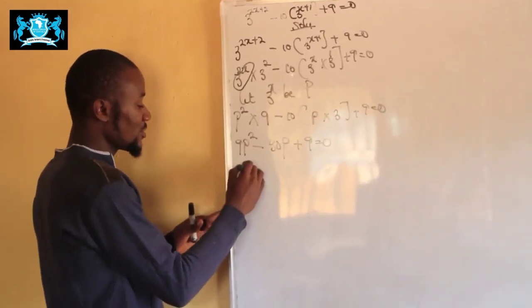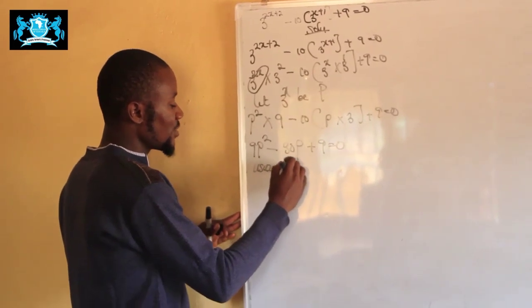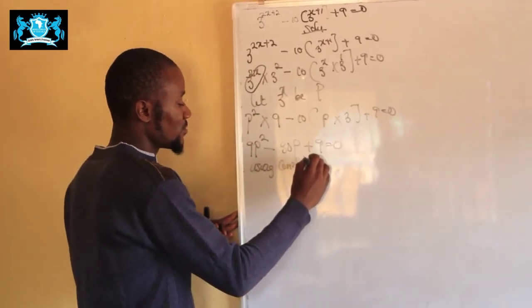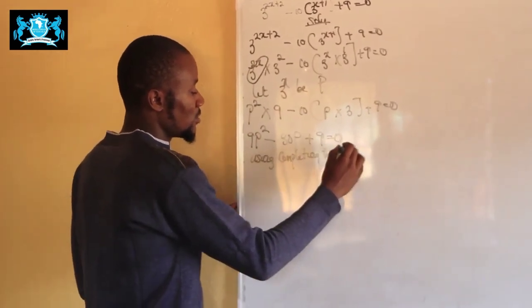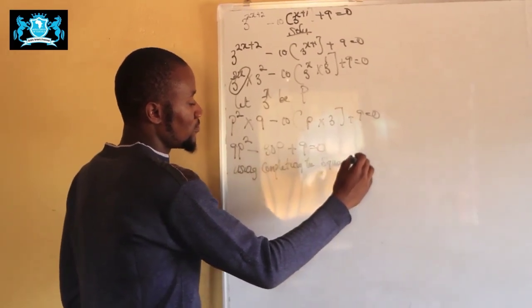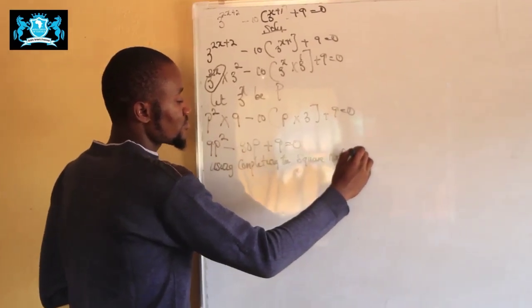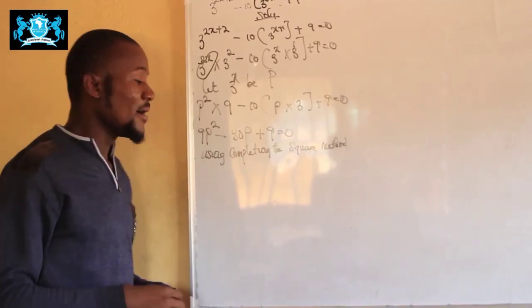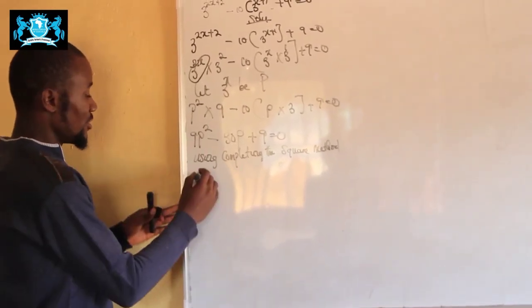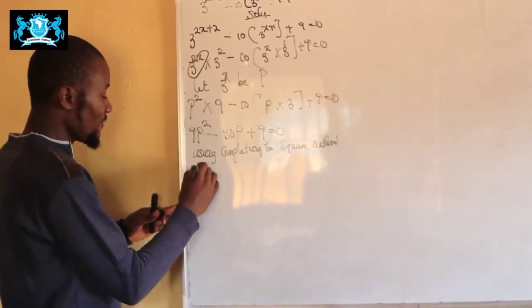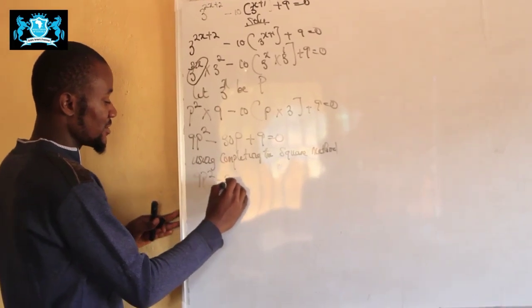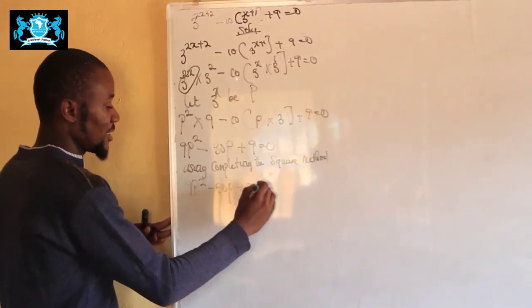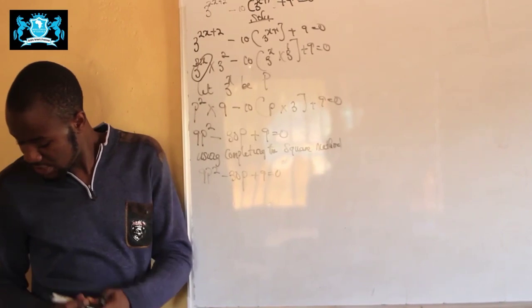Now, using the completing the square method. First of all, you have 9p squared minus 30p plus 9 is equal to 0.